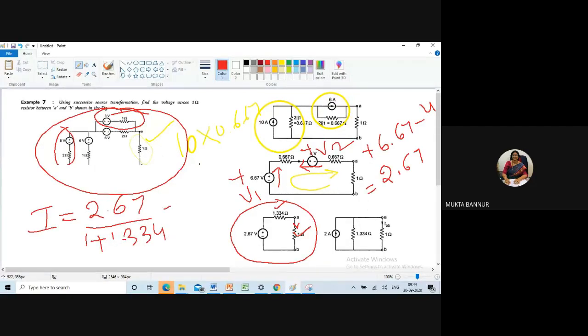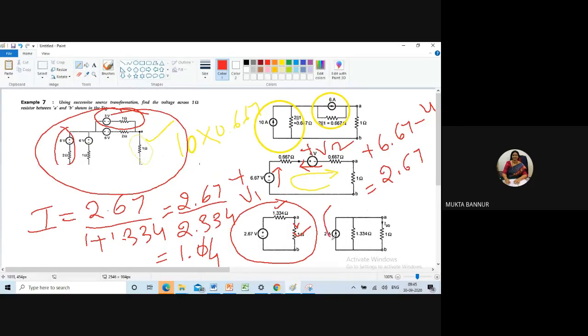What is the answer? 2.67 divided by 2.334. I think it is 1 point something, 1.14. Okay, 1.14.